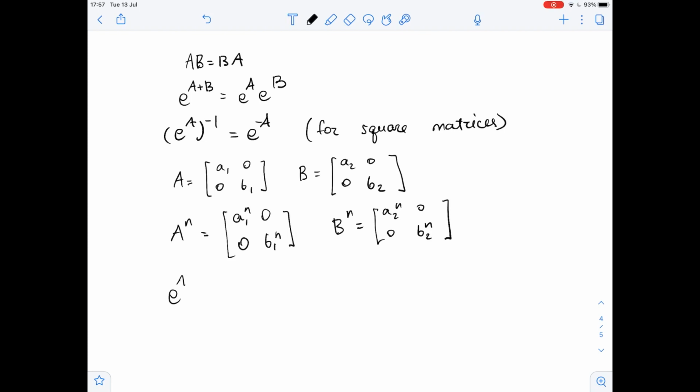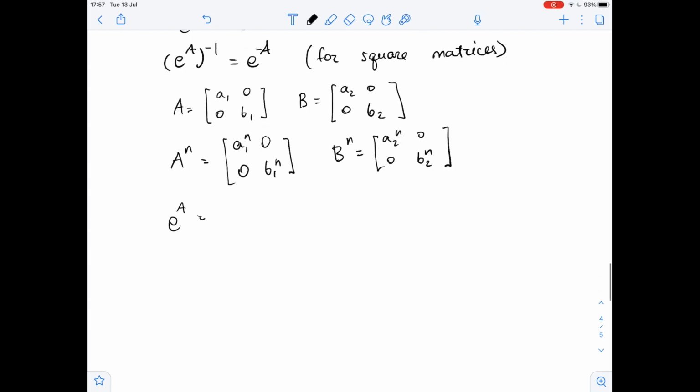So for integers n which are equal or larger than 1, we have that e to the power of A equals identity matrix plus A plus A squared over 2 factorial plus A to the third power over 3 factorial, and so on.